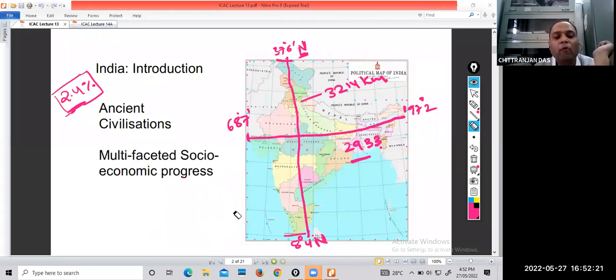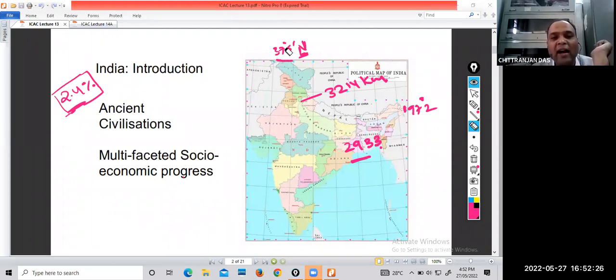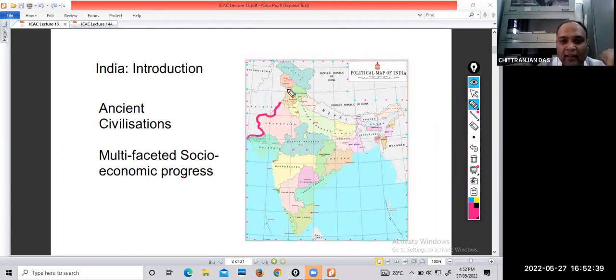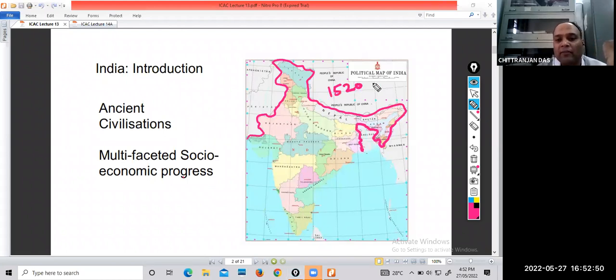We have a vast land boundary and also a vast coastline. If you see the total land boundary of India, you can start from here, from the Rann of Kutch, and it will run like this. This is the total land boundary of India, and it is around 15,200 kilometers.